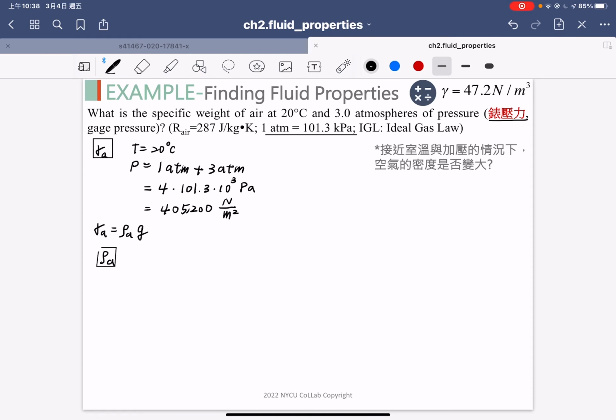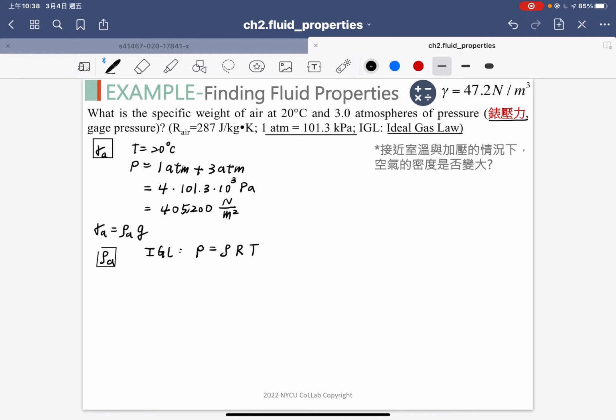So how can we get rho A? If you see the hint I highlight here, we have the ideal gas law, and based on the ideal gas law, maybe we can compute the density, right? So we know the equation is P equals rho R T, right?